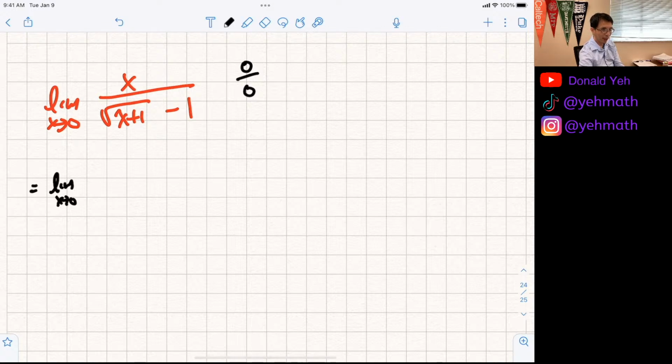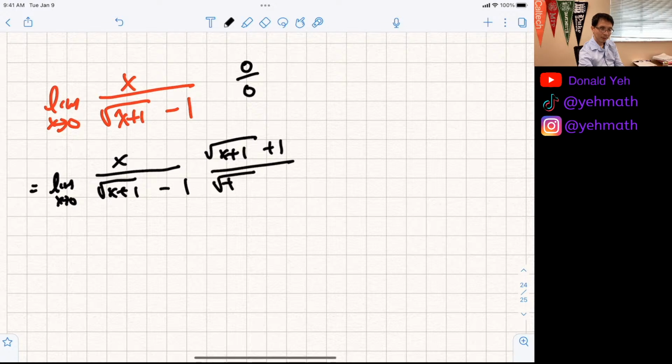I say when you have a radical, usually you deal with the conjugate. What is the conjugate of this? Yes, it's the opposite sign, right? What happened on the bottom?